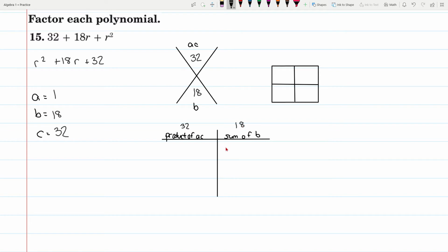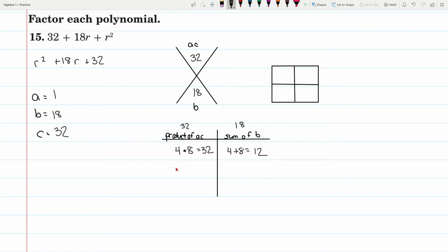And so probably looking at positive numbers. You have things like, let's think here, 4 times 8 is 32, but 4 plus 8 is 12, and that's not 18.